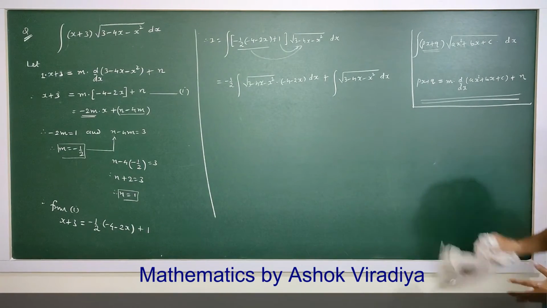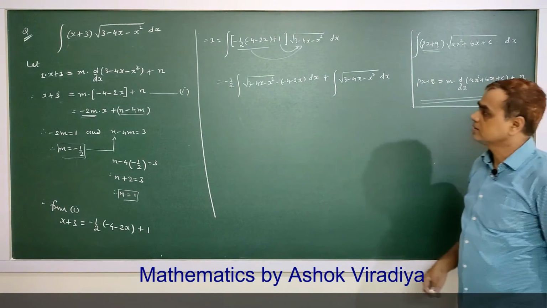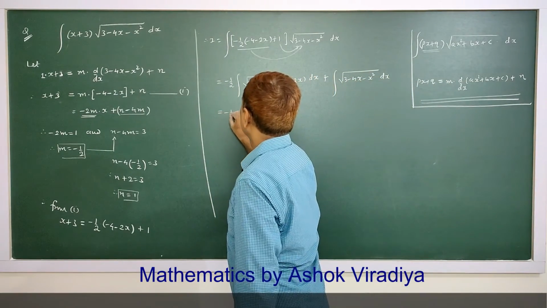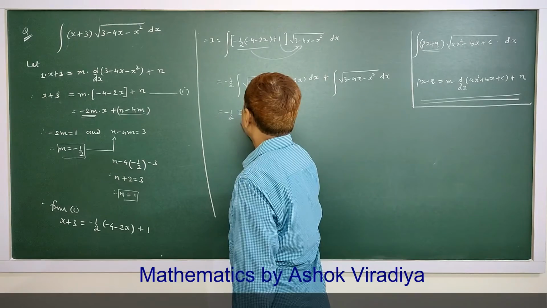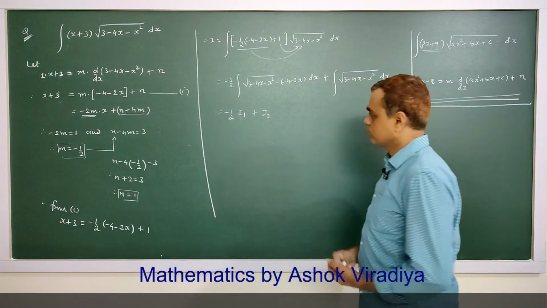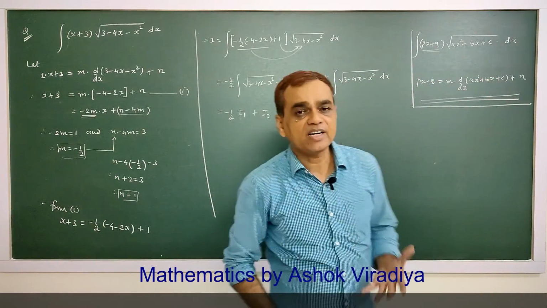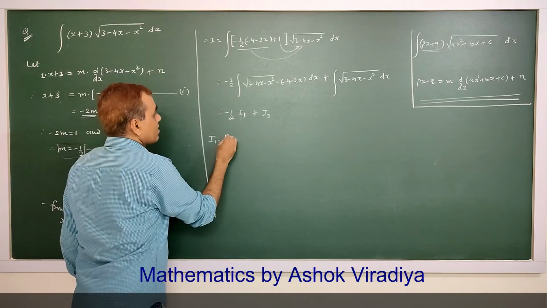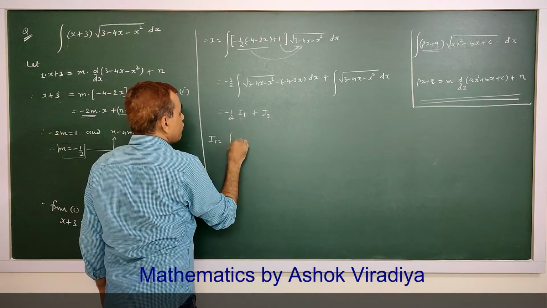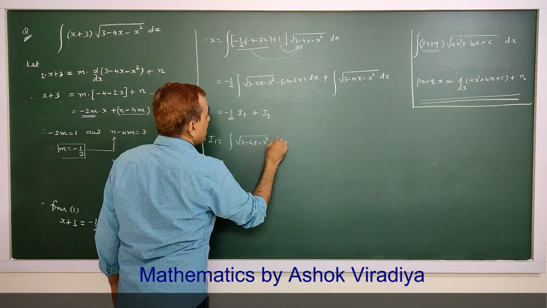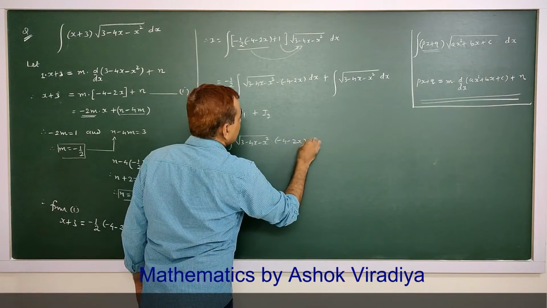Now here we call this I1, so it is minus 1 by 2 times I1 plus I2. This is I2. Now we find I1 and I2. So here I1 is the integral of square root of 3 minus 4x minus x square times minus 4 minus 2x dx.